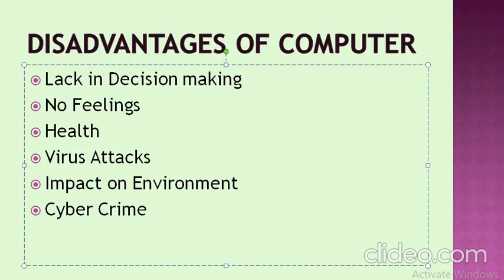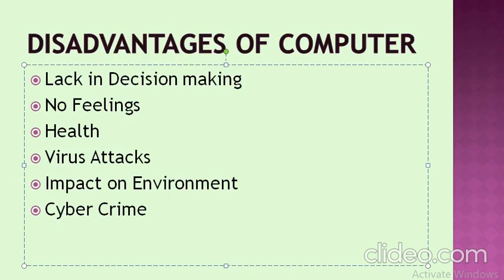Then the other is impact on environment. How are computers creating a bad impact on environment? We all know that computer works on electricity. It needs electricity to work. To generate this electricity, a lot of fuel is burnt, and burning of fuel causes pollution.